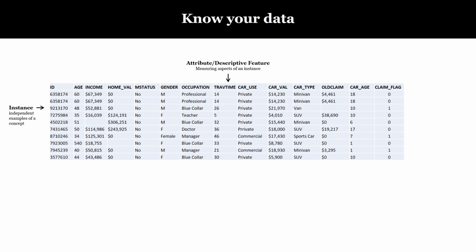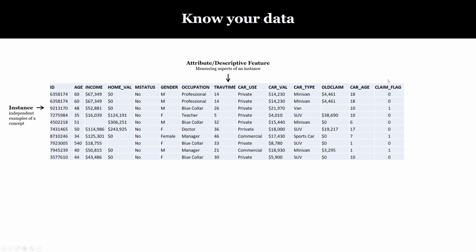For example, in our first case here, we have a person, his age, his income, the value of his or her home, married or not, male or female, the profession, the occupation, the average travel time per day, the car use, whether it's private or commercial, the car value, how much it is, the type, minivan or van or sports car, whether there is an old claim and the amount of the old claim, and how old the car is.